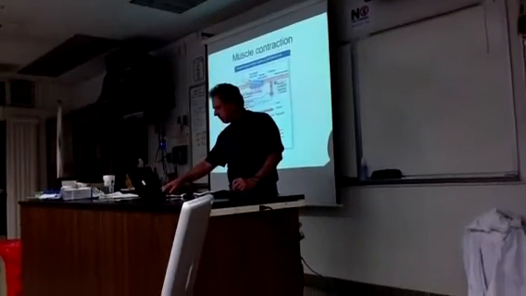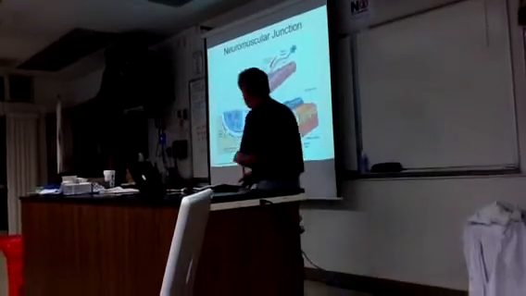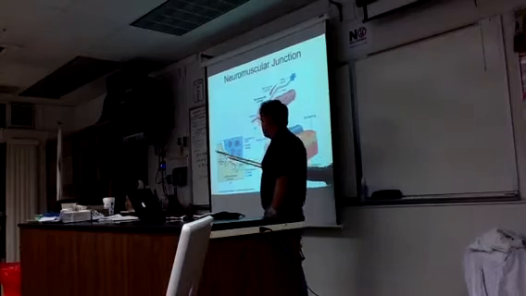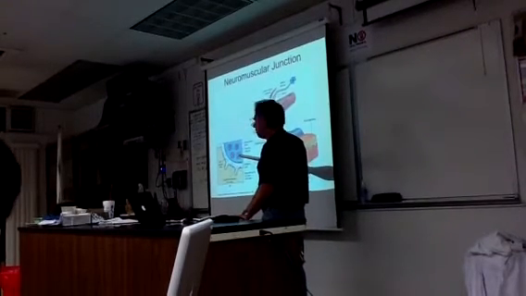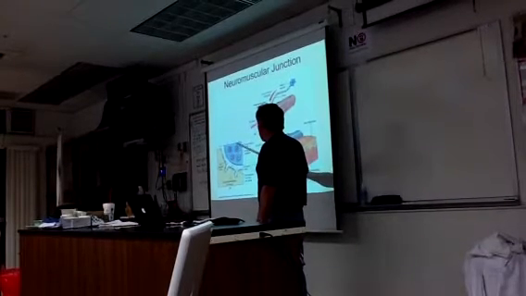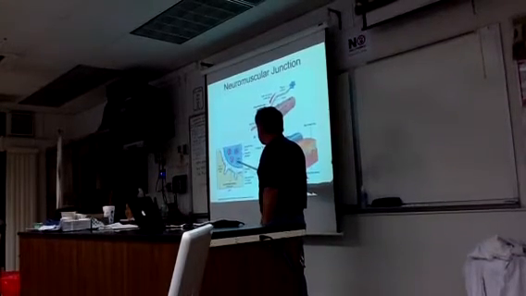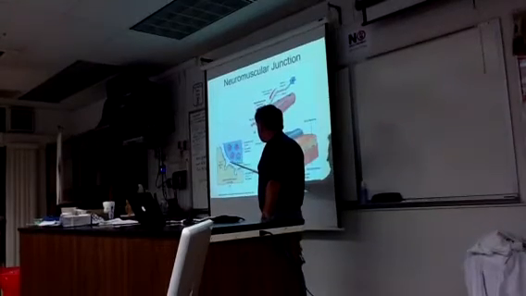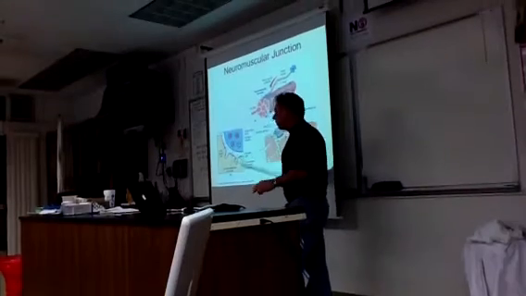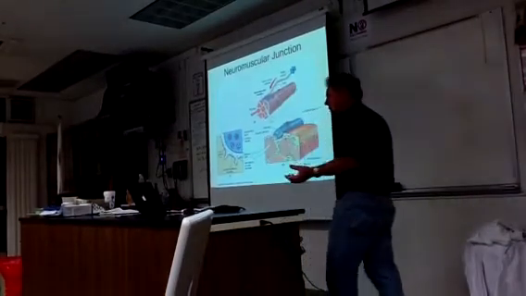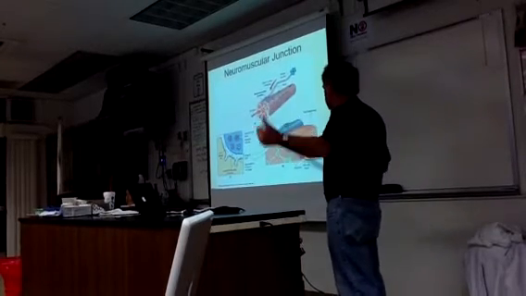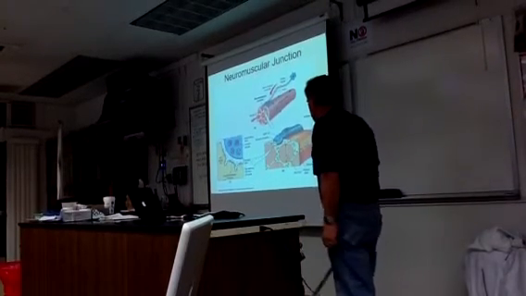Let's see here. This works. There's a couple of things here. I guess the thing to look at is maybe this little box right here. So here's our synaptic vesicles. This is at the end of my fingers. They contain acetylcholine. When the action potential arrives, the acetylcholine is released, diffuses across this extremely tiny space, binds with receptors on the surface of the skeletal muscle, and the action potential then is distributed into the muscle.